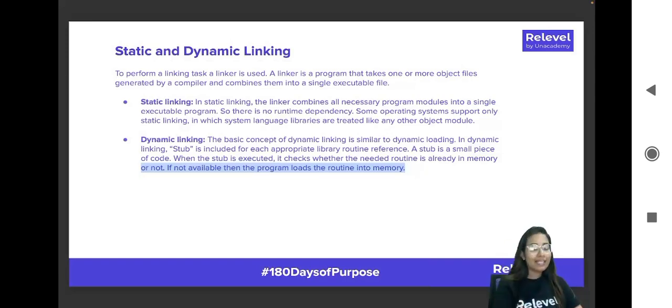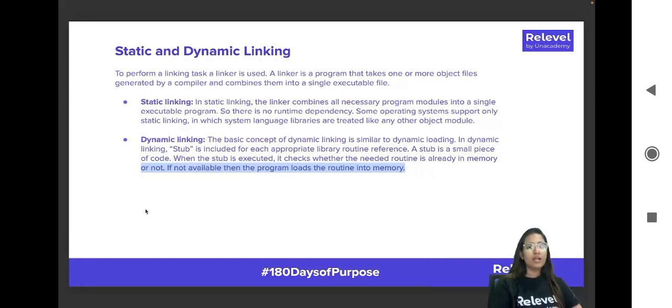Whereas in static linking, before you run the program, you make sure every corresponding program module is already there, linked, combined, and bundled up into a single executable program. So that is the concept of static and dynamic linking.